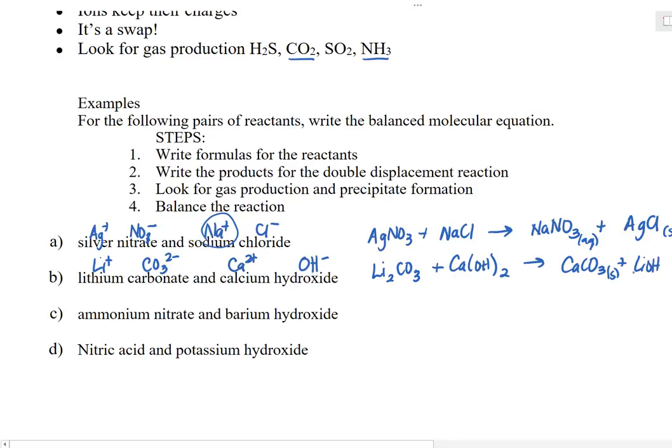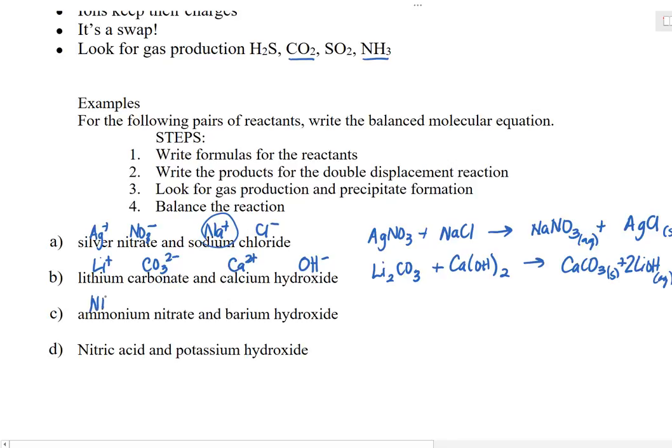For balancing this, I need to put a 2 in front of the LiOH. My LiOH, because it has a group 1 metal, is soluble.